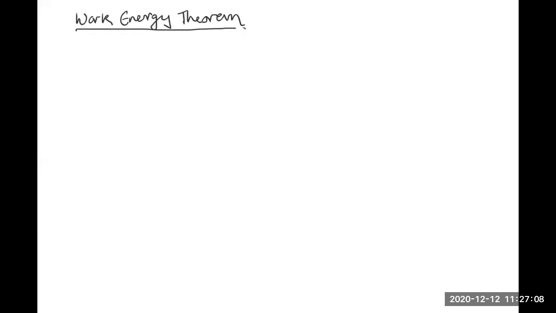Using the tools that we have learned up till now, including kinematics and dynamics, we will be extending these tools in the next chapter so that they are applicable for a collection of point particles.